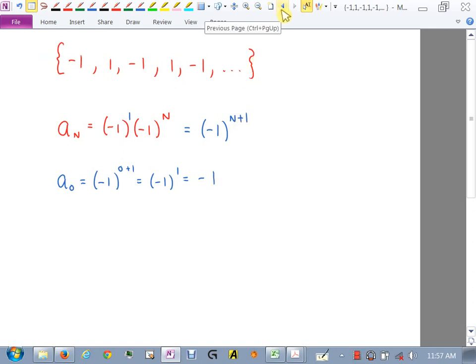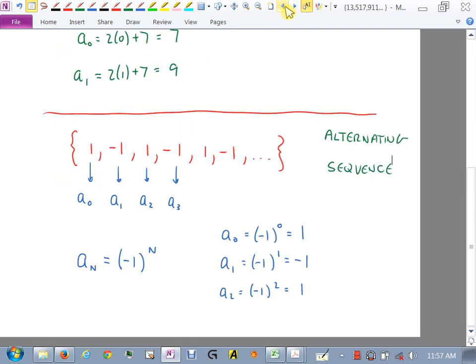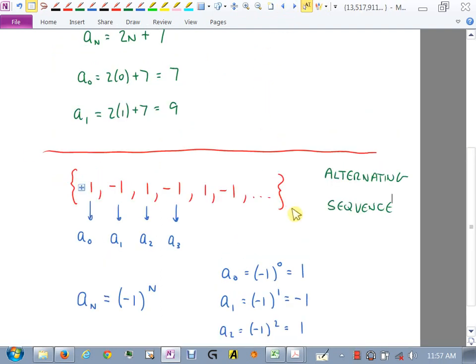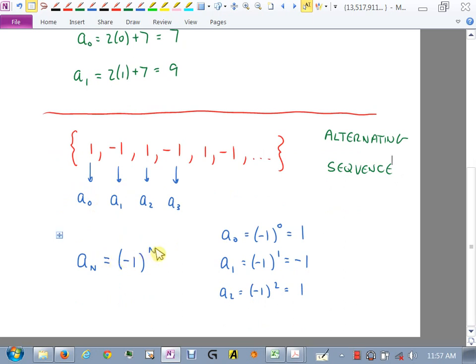So take a step back for a second. I want you to look at this. Alternating sequences are extremely important in calculus. So if you want to create an alternating sequence that starts with a positive 1, you need to make sure that you're going to get a 0 out first, right? So just letting it be n worked.